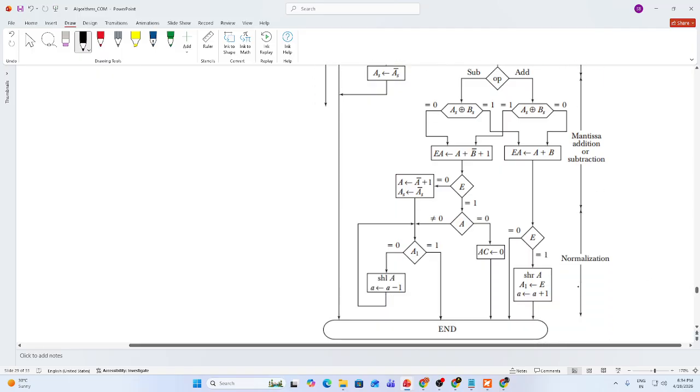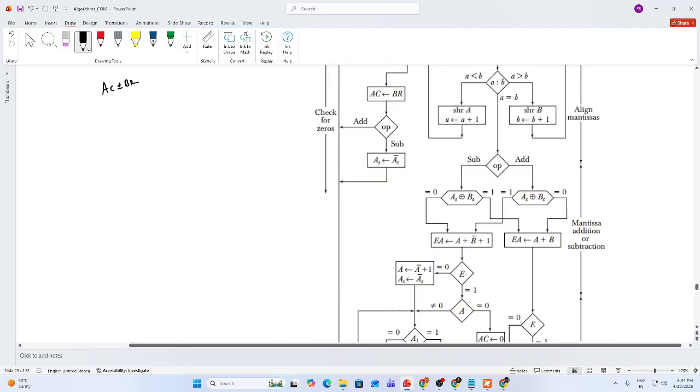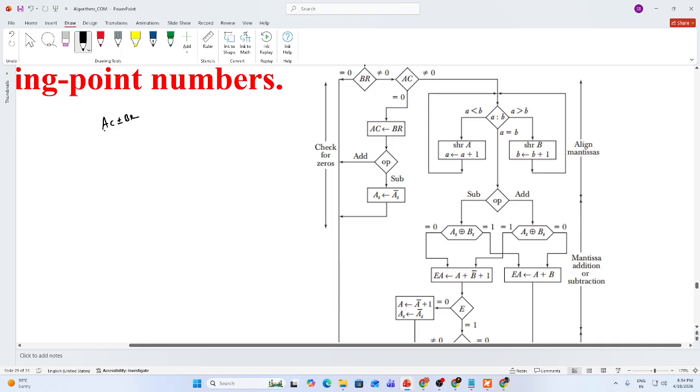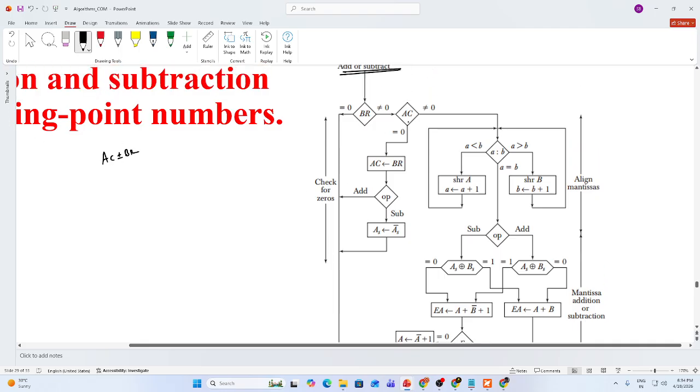That's it, because AC is the result, and it is already in AC. But if BR is not equal to 0, then go further and check AC. If AC equals 0, just transfer BR to AC, because I need to show the result in AC.